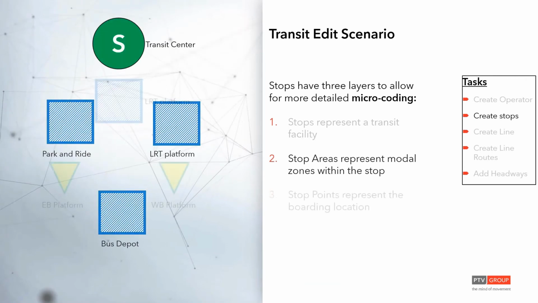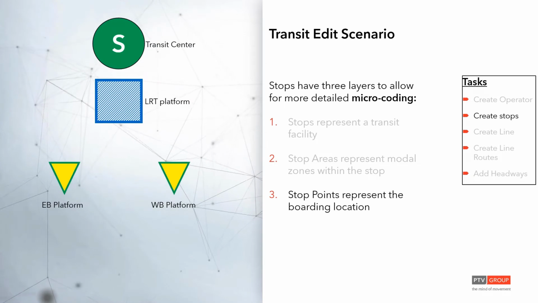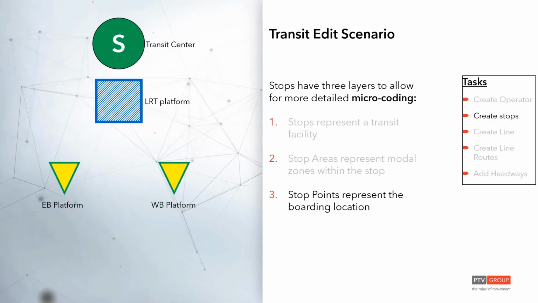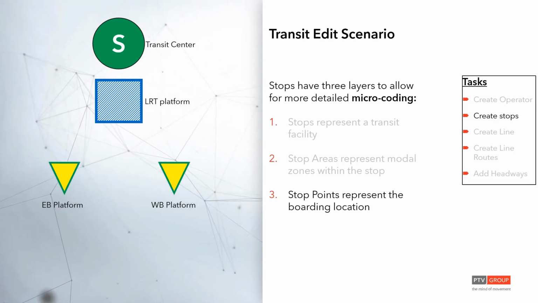So when we get to this point where we have stops, stop points, and stop areas, it's just going to be one of each, and they're all going to be stacked on top of each other. Now, Visum makes it easy because if we just add a stop point, it will automatically add the stop area and the stop itself. So we don't need to build all 3. We can just build the stop point and it will automate the process in the background for the other 2.